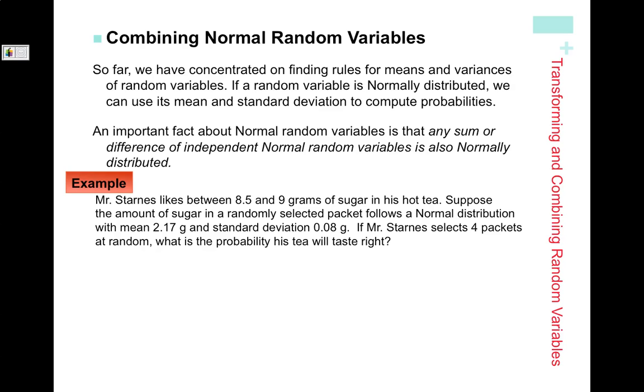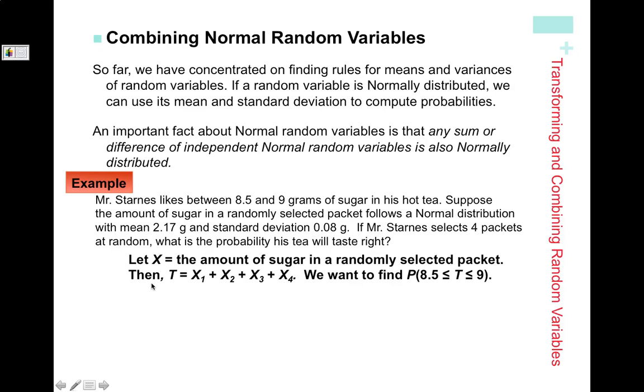He happens to know, though, he's a statistics kind of guy, that the amount of sugar in a randomly selected packet is normally distributed, and the mean amount of sugar in there is 2.17 grams, and the standard deviation is 8/100ths of a gram. If this guy selects 4 packets at random, what's the probability that his tea will taste right? Okay.